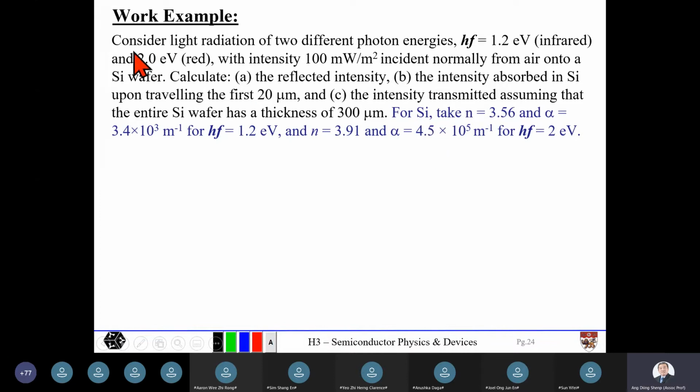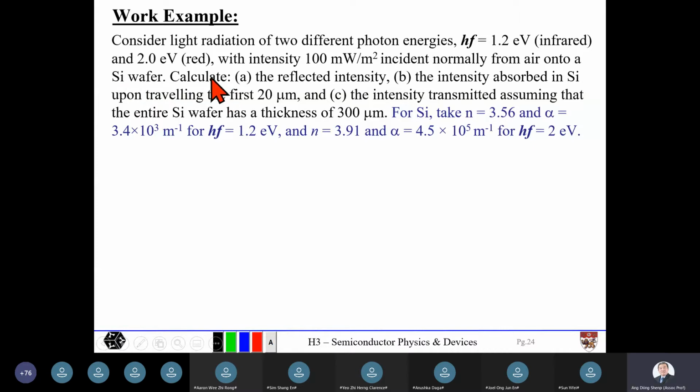So consider light of two different photon energies, 1.2 eV, which corresponds to the infrared region of the electromagnetic spectrum, and 2 eV, which corresponds to the red part of the visible spectrum, having intensity 100 milliwatt per meter square, incident normally from air onto a silicon wafer.